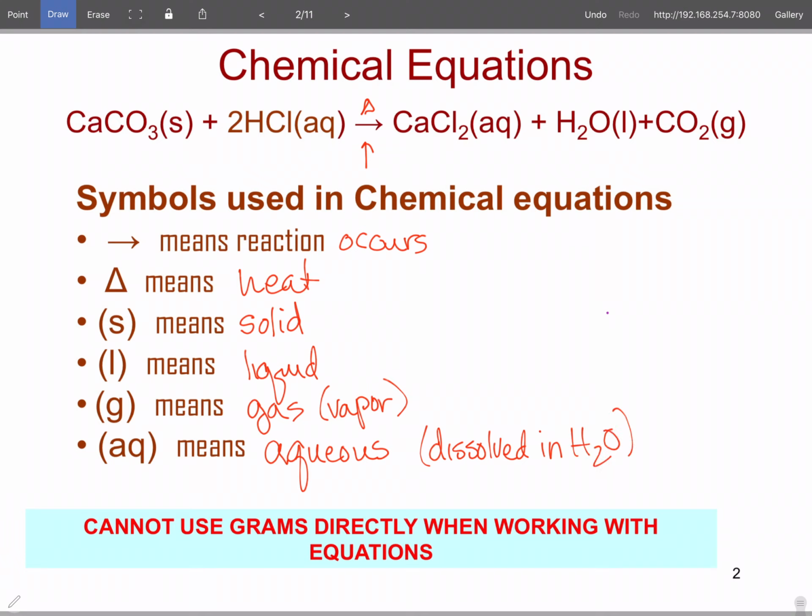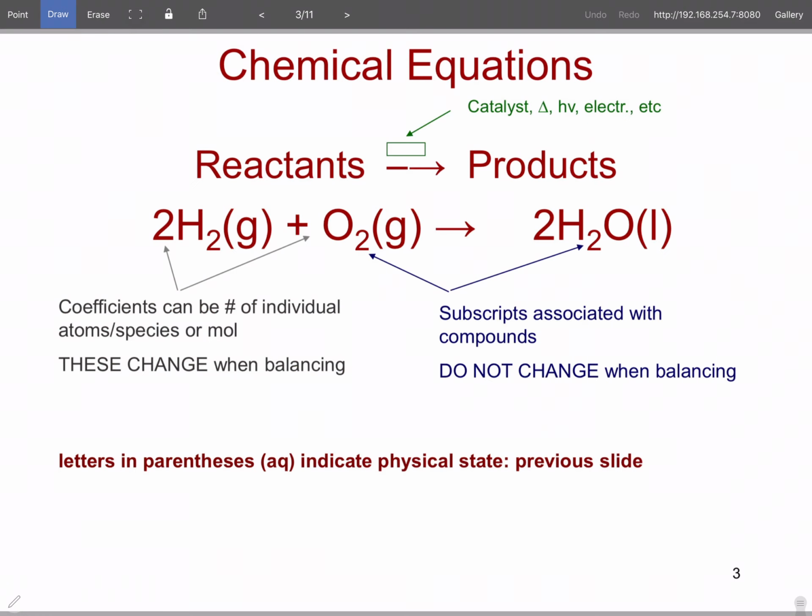Okay, now at the bottom you'll see this little note, cannot use grams directly when working with equations. I'm going to keep putting that up there because that's critical, and right now we don't need it, but I want you to keep it in the back of your minds. So we're still talking about the equations, and when we talk about the equations, we're talking about the reactants and the products.